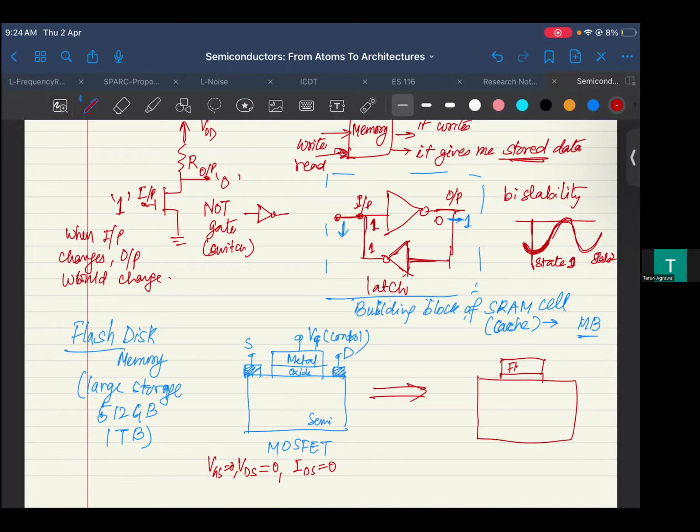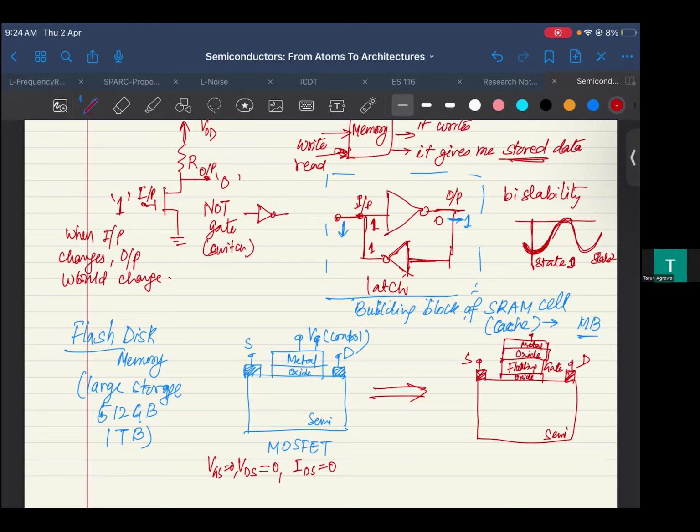It's floating in between, a floating gate. There is an oxide here, and then there is a bigger oxide, and then there is metal, right? We can talk about this in a separate video if you have interest, or we will talk about it sometime.